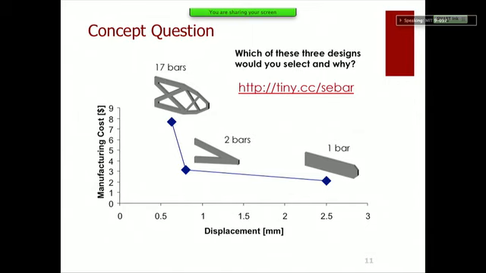So who picked the 1-bar design, the simple design? Okay, so please explain why you picked that. Well, for my application, I'm planning on mass producing them, and it's for something that doesn't need the degree of displacement that the other ones are doing, and so I'm really only seeking to minimize manufacturing cost, and the 1-bar is the easiest to manufacture and also gives me room down the road to iterate if it's not working.